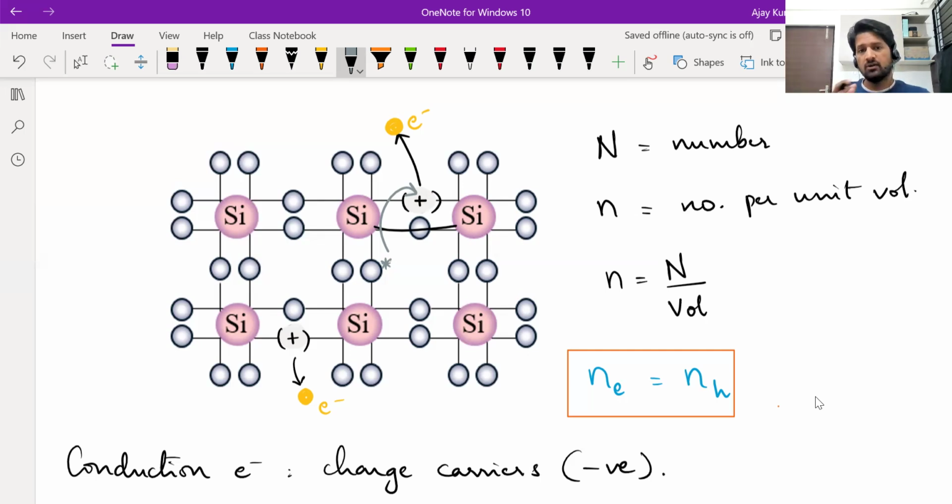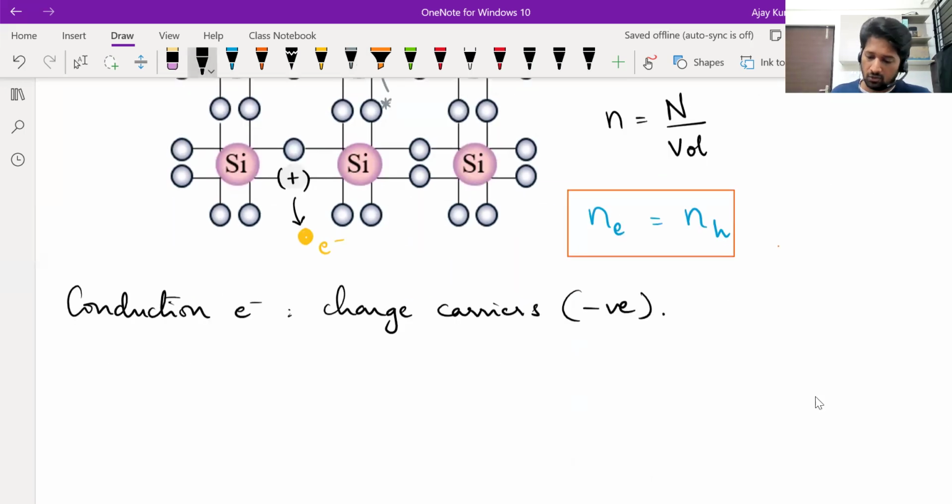So holes can also shift, but holes don't shift on their own. How do holes shift? Electrons from the surrounding bonds should take this place, should fill a hole, then another hole will get created in that bond. That is how holes can also shift. And holes are also considered charge carriers.